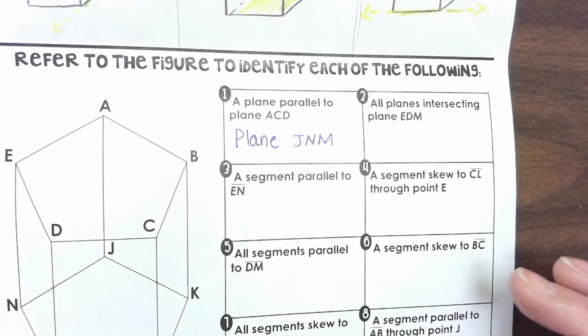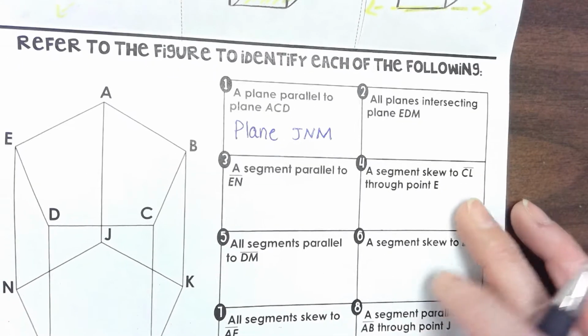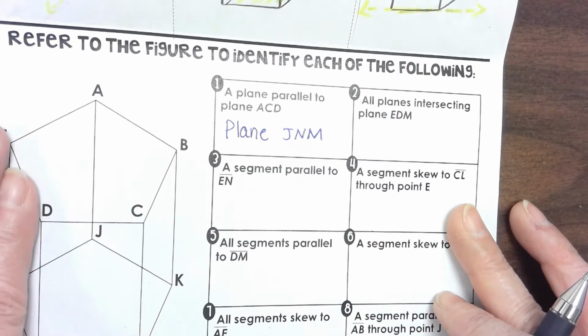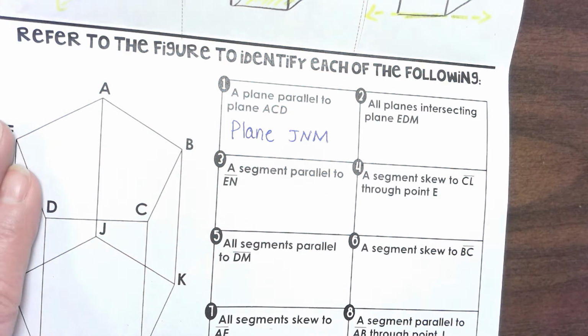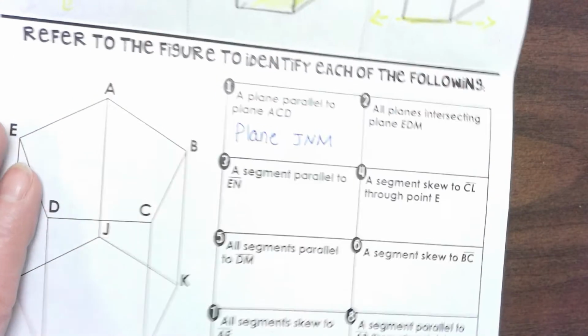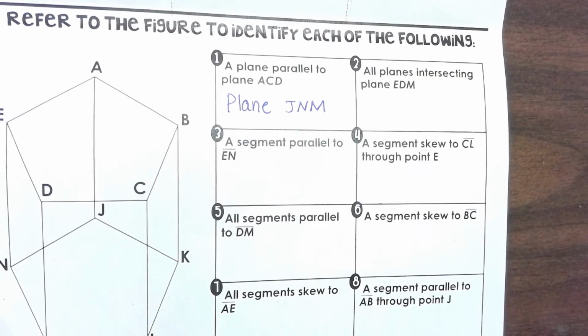Okay, all planes intersecting plane EDM. Okay, so that's this side over here. So all planes intersecting, that would be the top, that would be this left side, that would be the front side, that would even be the bottom of this one. A segment parallel to EN.